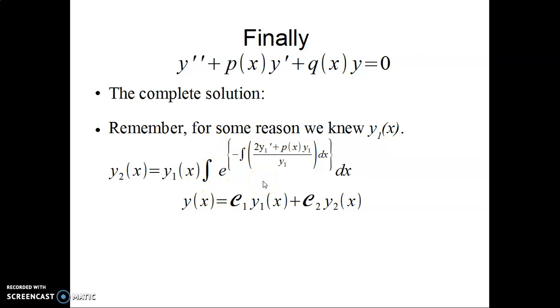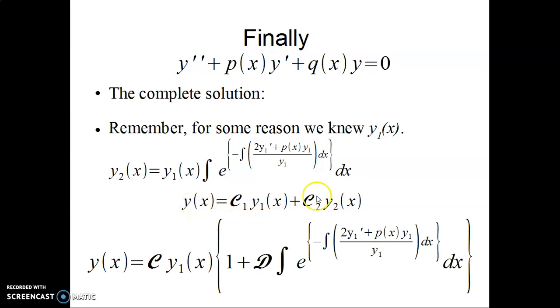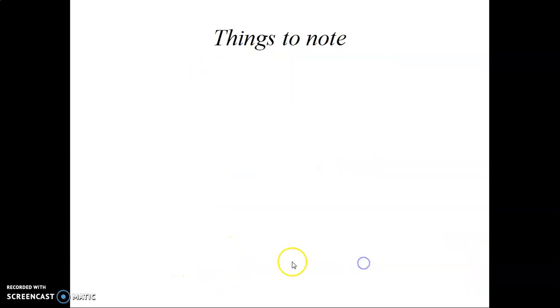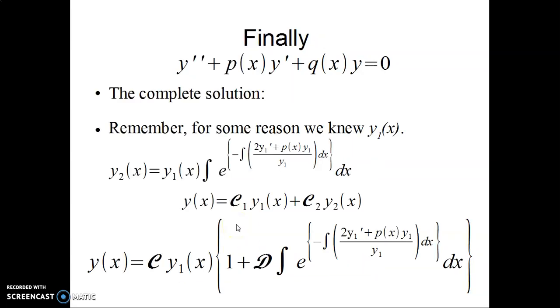So I can rewrite this generic solution, factoring out a y1, and say it's a constant times y1, and this huge curly brackets, 1 plus another constant. These are different constants than the C1 and C2, but they cover the same space of solutions, times that integral of an exponential of another integral. That's it. I'm done. That's an answer.